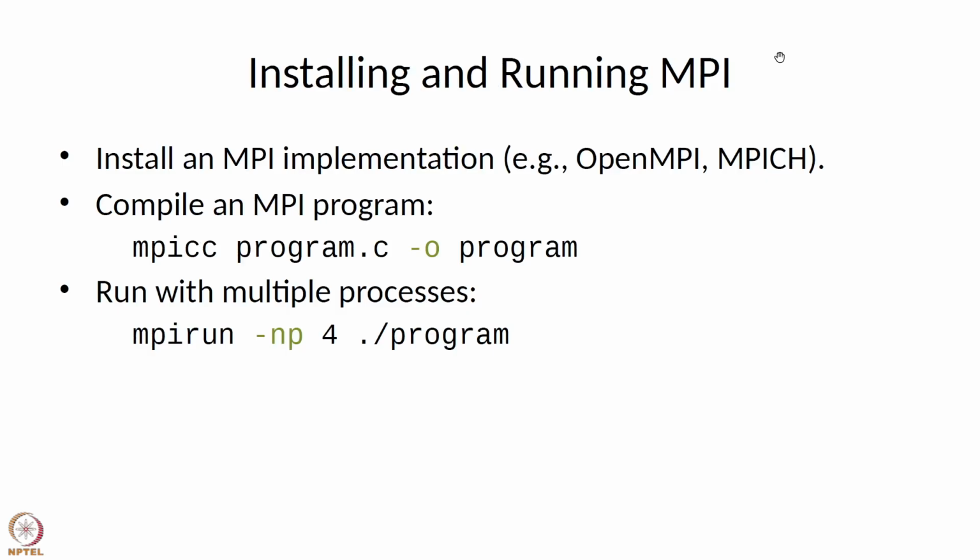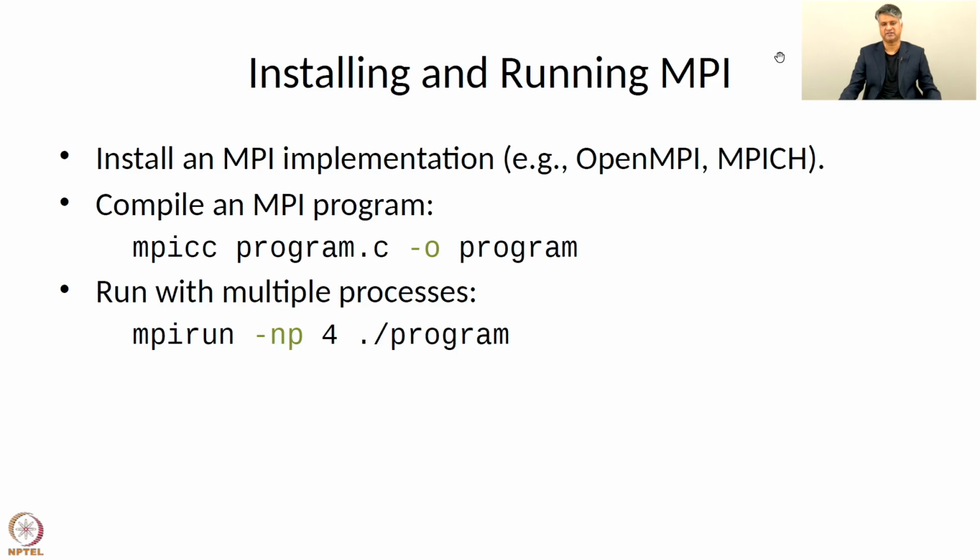First, to use MPI, you need to install an MPI implementation, something like OpenMPI or MPICH. And then to compile this program, you need to use a special program called mpicc. mpicc basically wraps the existing C compiler and makes it recognize the MPI communication functions.